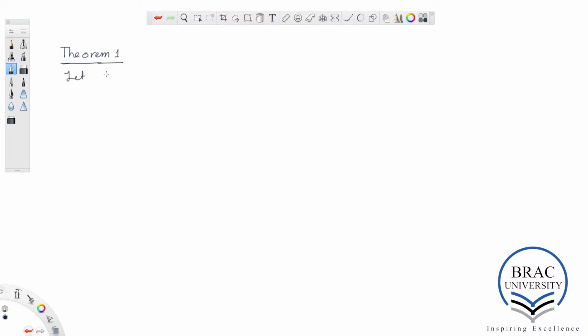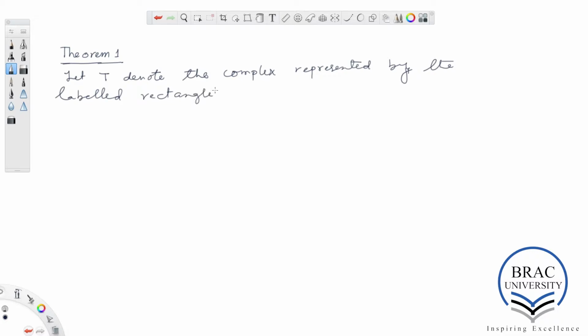Let T denote the complex represented by the labeled rectangle L of the following figure.